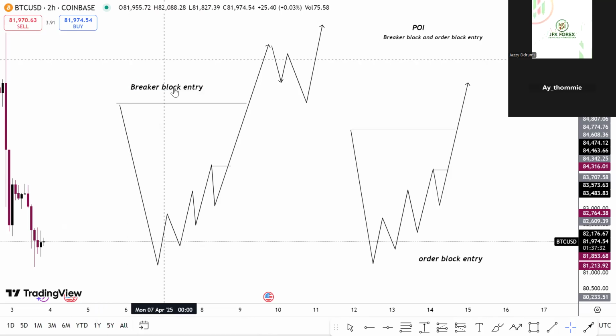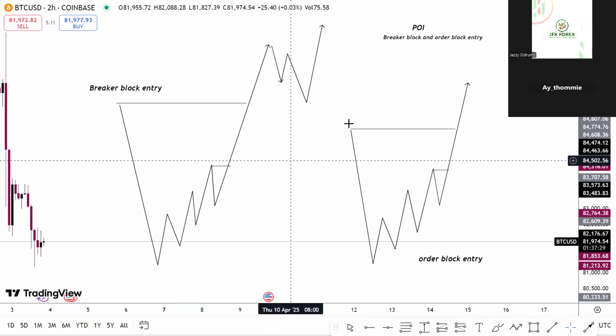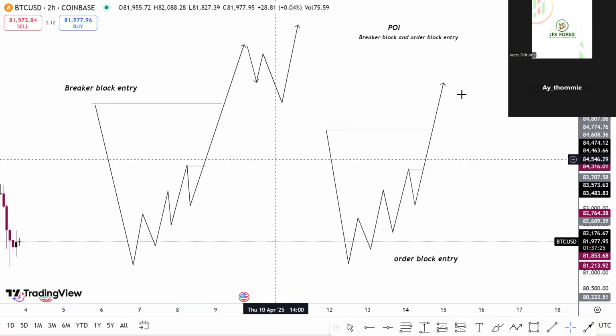All right. So we'll be using these two diagrams. We have to differentiate the difference between the breaker block entry and the order block entry now.